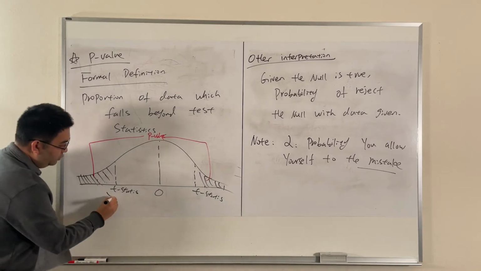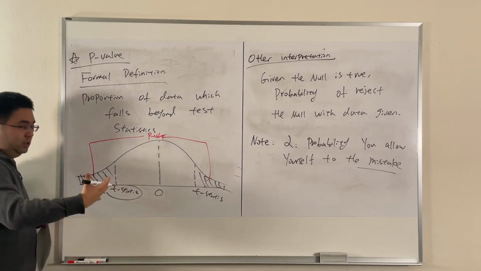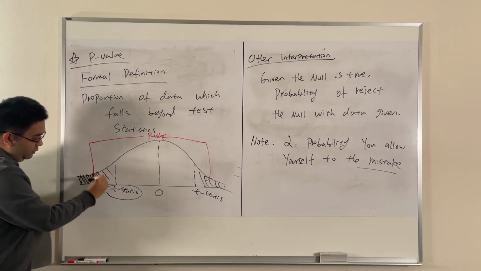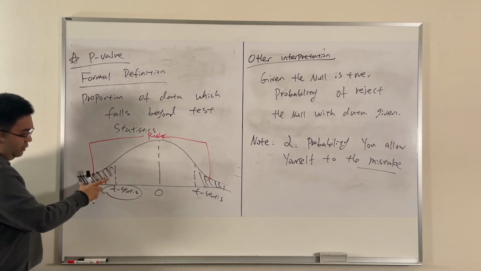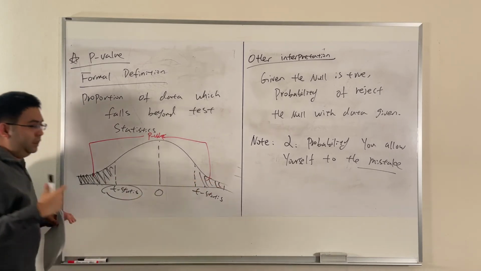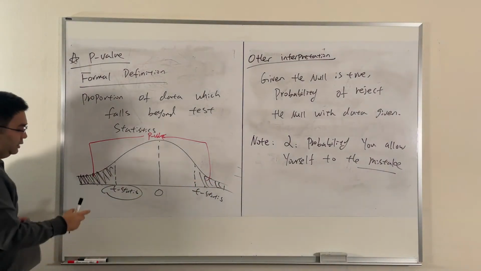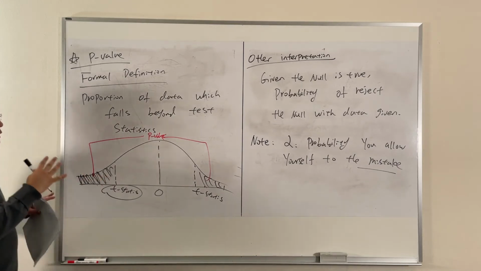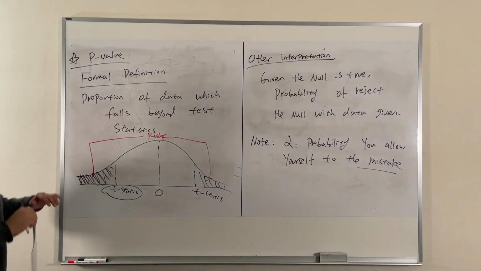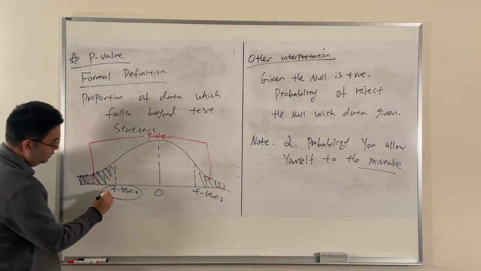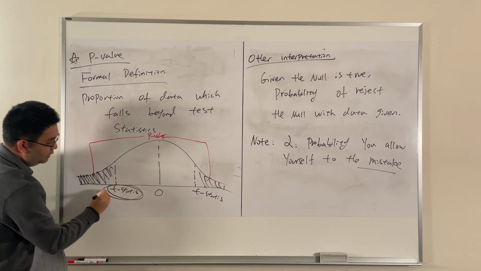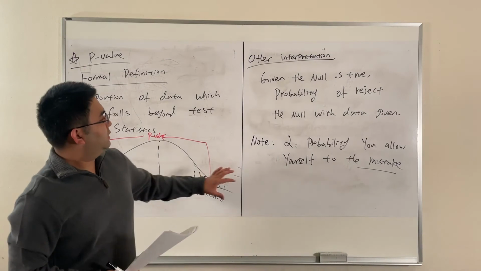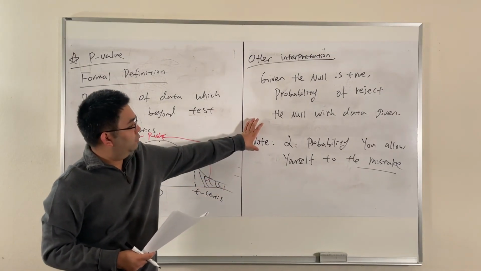So once you obtain your t statistics, then you go back to your z table and find the area here, right? If it's one-sided, then you find the area here or here. But if you're doing two-sided tests, then you will just double the area here with your z table. And that's how you will find your p-value from your z table, which is using the test statistics you get from your data, okay?